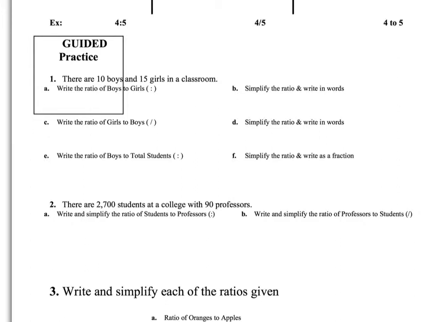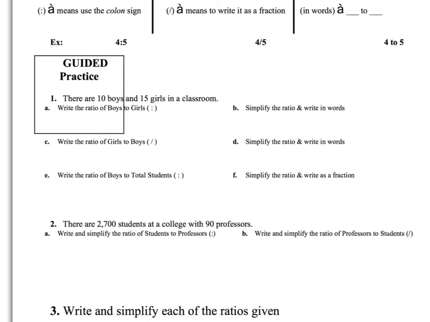Okay. So from this point, I need some answers. Who can tell me A? What's the answer to A? Let's have Javon. 10 to 15. He's close. Can you tell me what part B is then? 2 to 3. So he started out with 10 to 15, and then he reduced it by 2, and in words, 2 to 3.